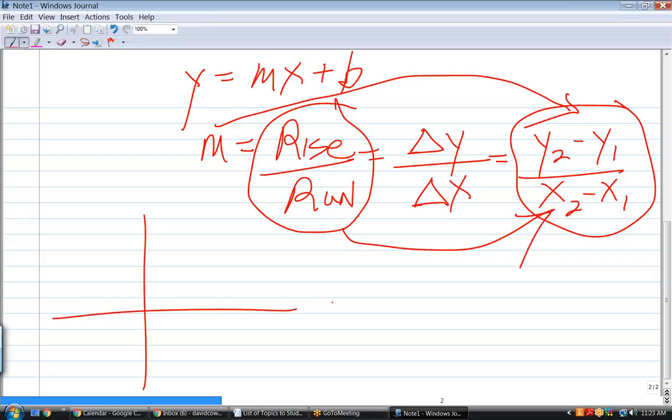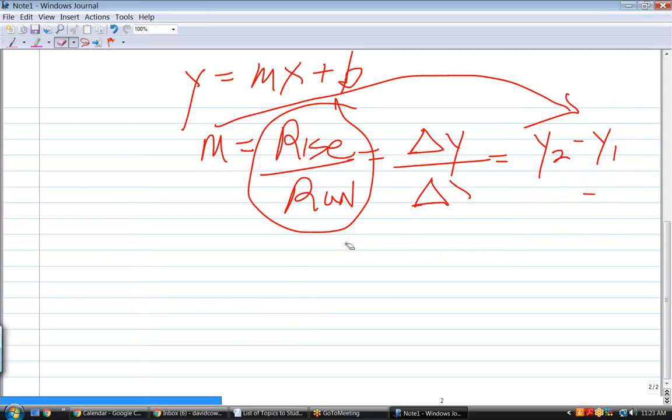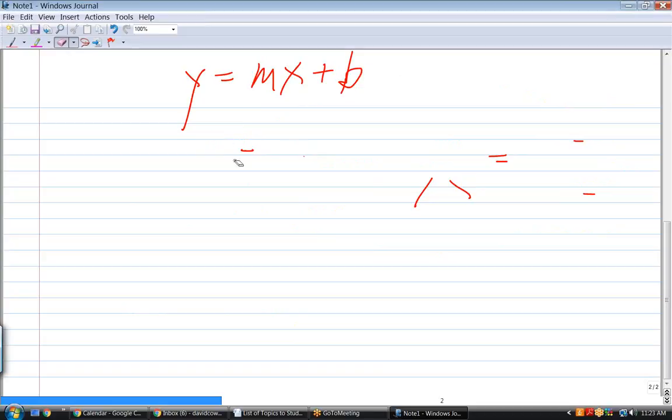Notice that your xy coordinates, the x is the horizontal one, the y is the vertical one. So the rise has to be a function of y's, and the run has to be a function of x's.